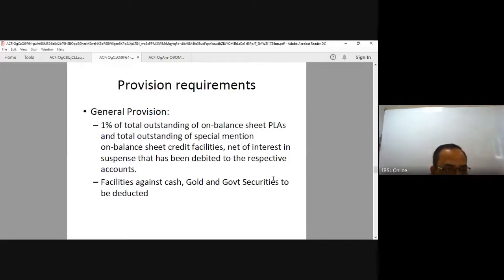You will be making general provisions. Then impairment provisions you should have. Then taxes you will have to pay according to the tax laws. There may be so many expenses which are allowable, so many expenses which are not allowed according to tax laws.